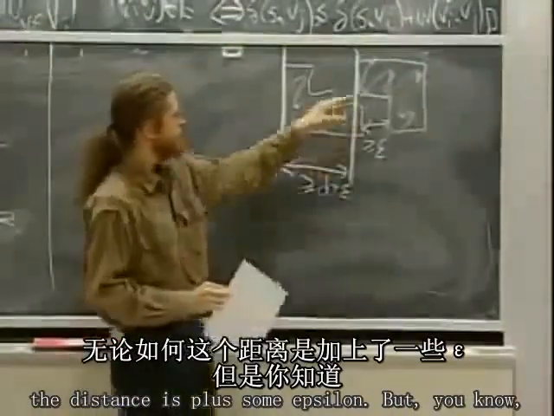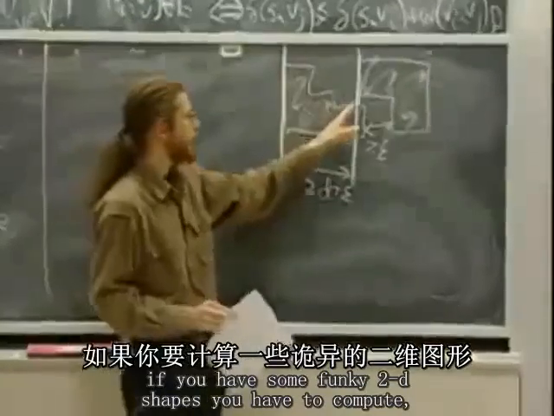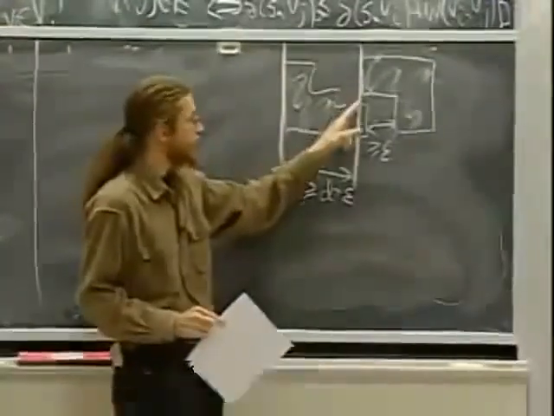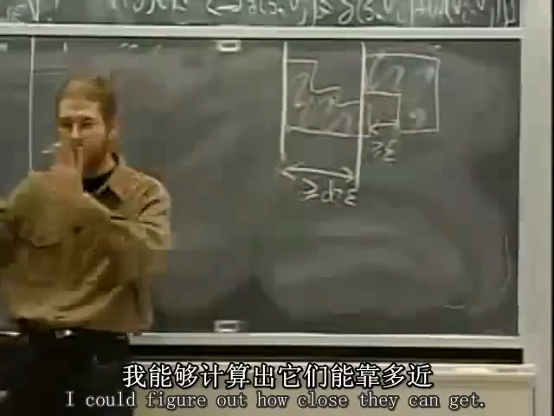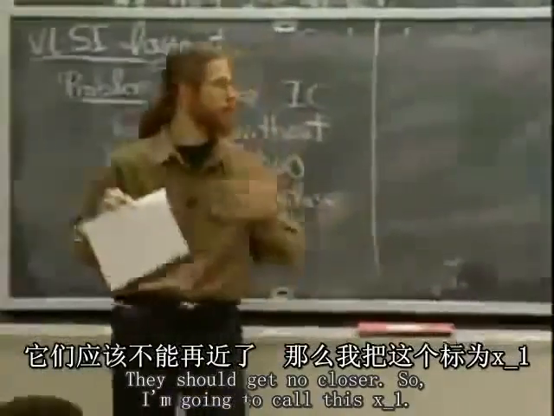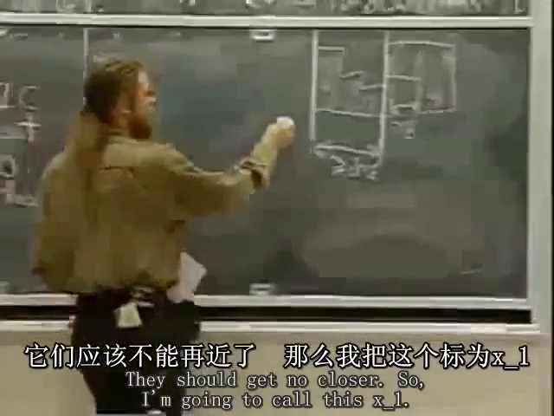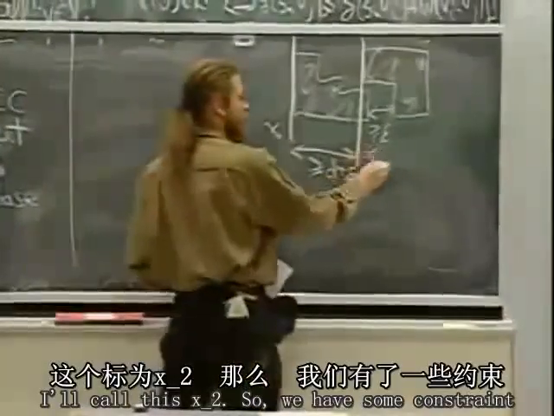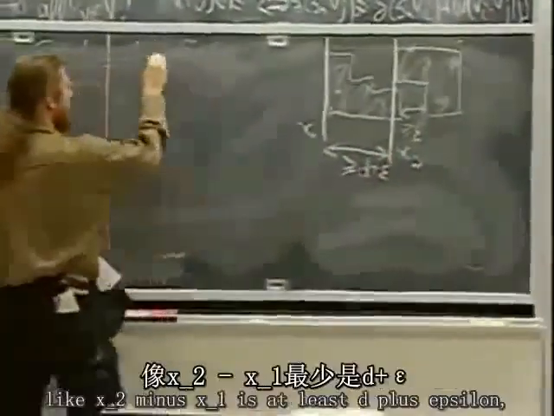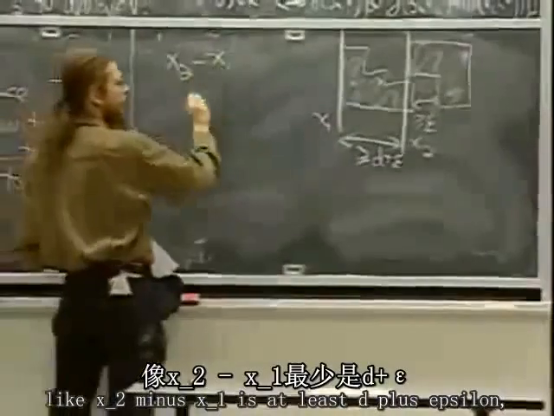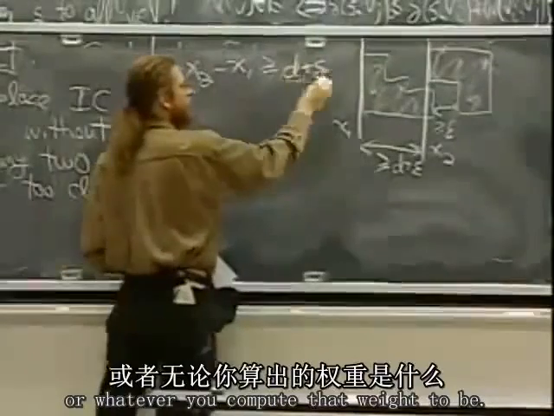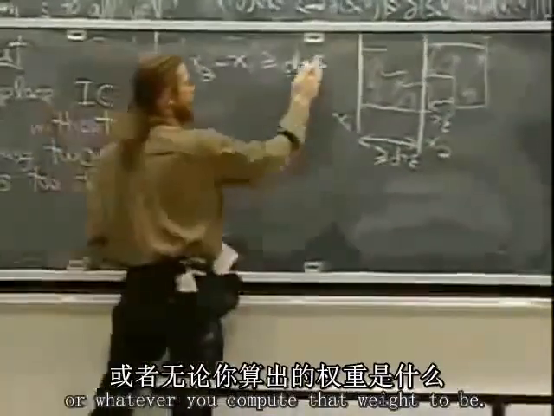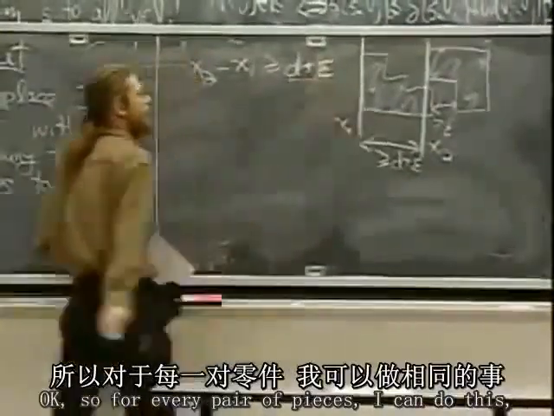If you have some funky 2D shapes, you have to compute that this is a little bit too close because these come into alignment. But there's some constraint. For any two pieces, I could figure out how close they can get. They should get no closer. So I'm going to call this x1, call this x2. So we have some constraint like x2 minus x1 is at least d plus epsilon, or whatever you compute that weight to be.